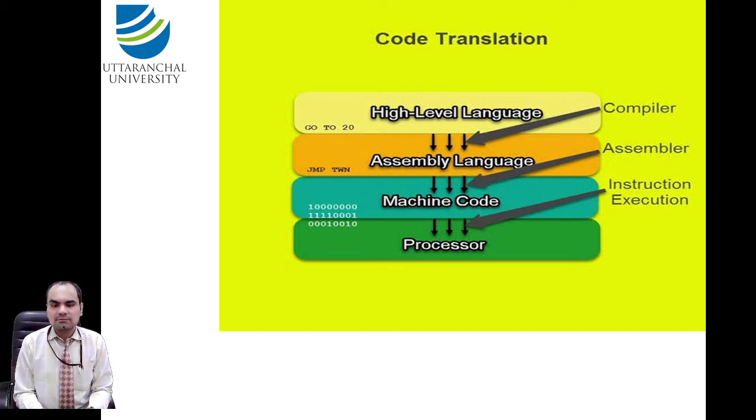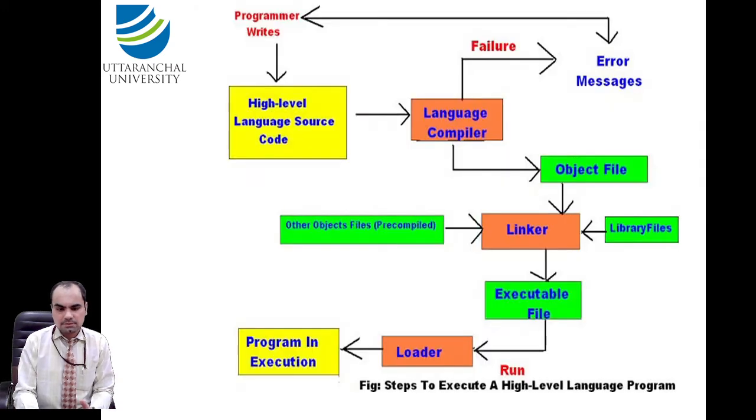These are the four steps: high level language, assembly language, machine language or machine code, and last one is the processor. 1000 is the binary code, sometimes called machine code, while compiler, assembler, and all the instruction execution exist over there. This is the code translation diagram, the actual process from top to bottom.